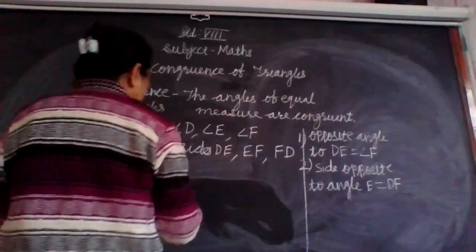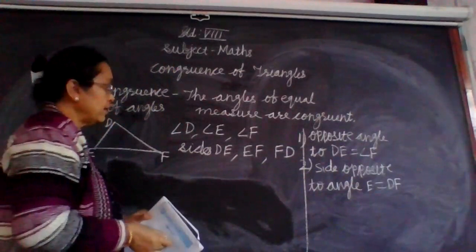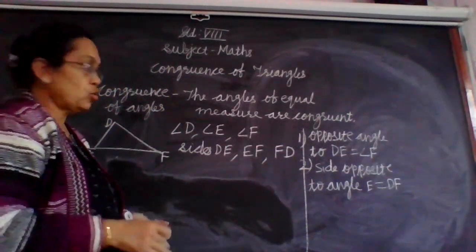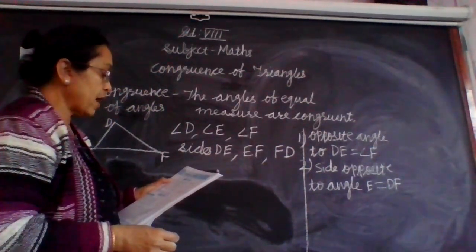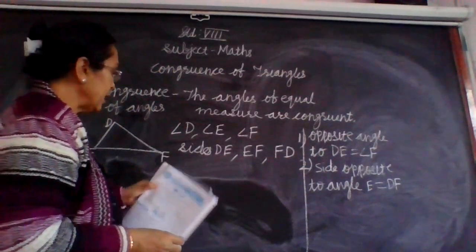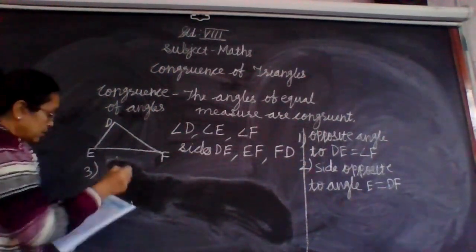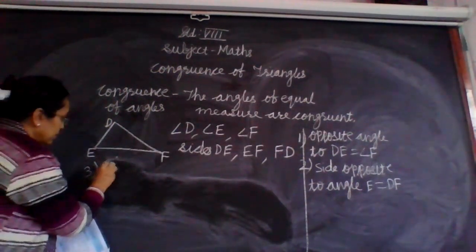Now the third is, which angle is included by angle E and angle F? Included means in between those two. So we have to search for the included angle by angle E and angle F. So 3 I will write here. Third question, that is included side.